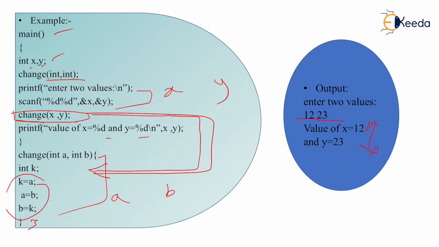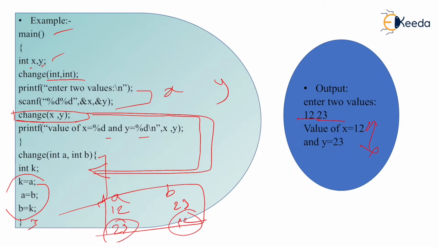So the values which you are sending, that is 12 and 23, will get swapped for a and b, and we are not returning that value over here. At least if we return the value, then it can swap, right? But it is not sending any value. So that's why a copy gets created, and the values are not sent back to the main function. That's why the values cannot get swapped using call by value.